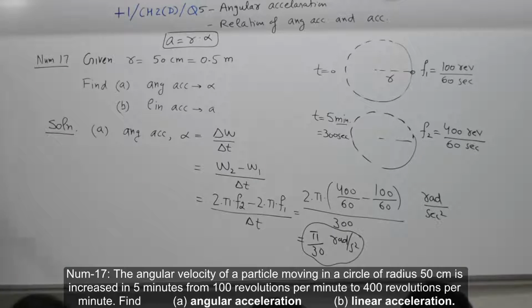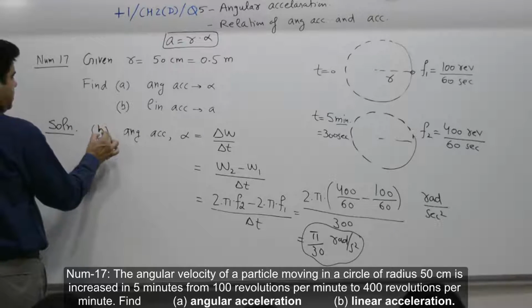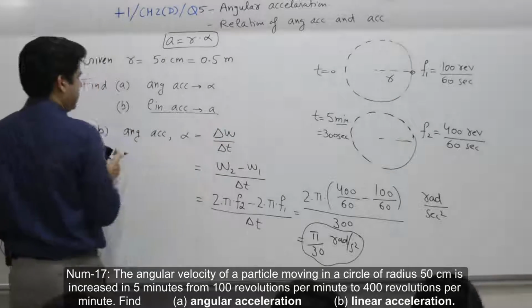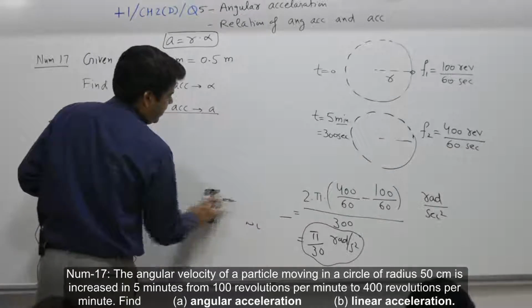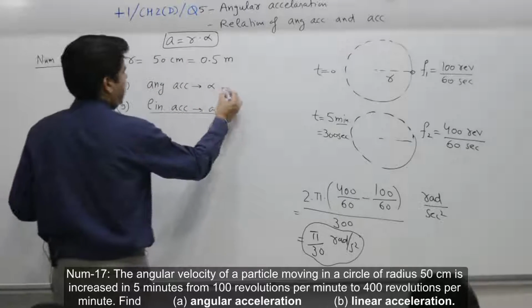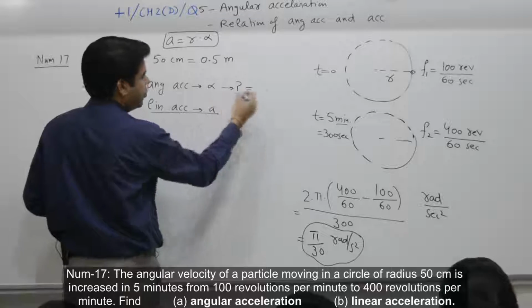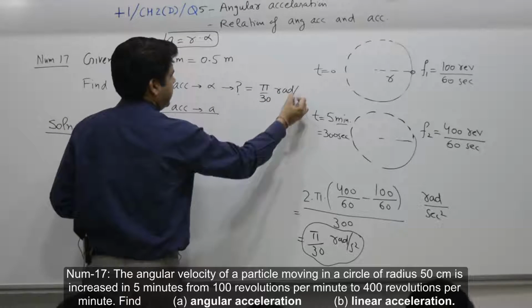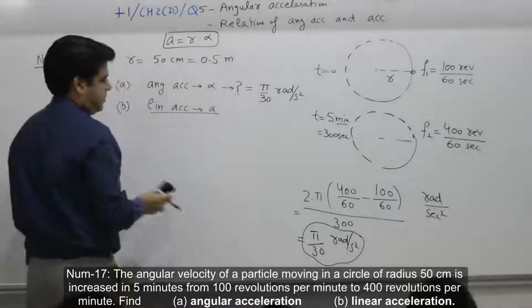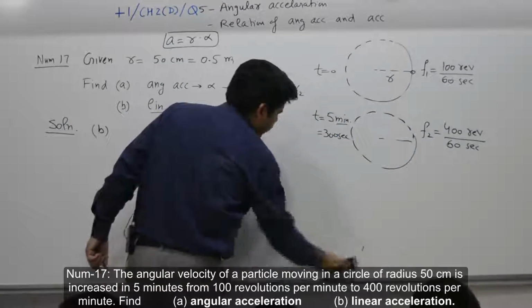Solve part B, you have 1 minute. Linear acceleration A. Alpha you have solved, earlier it was not known; now it is pi by 30 radian per second square. How do you find A?